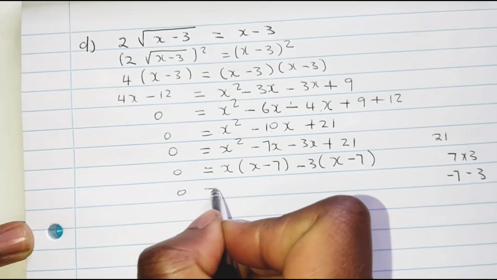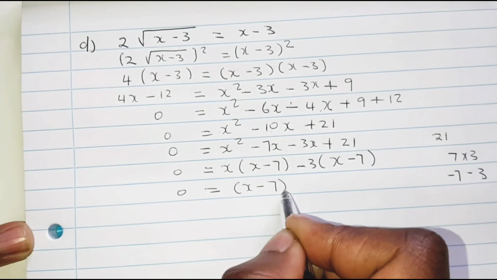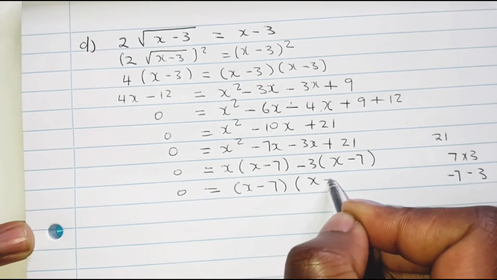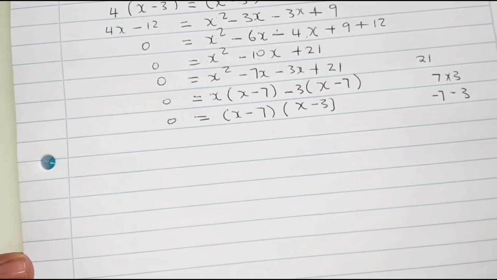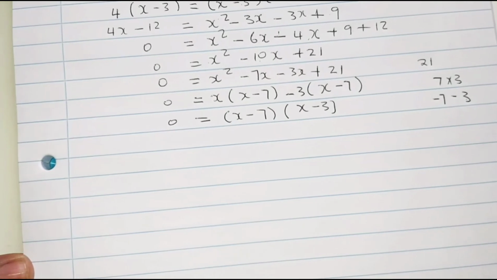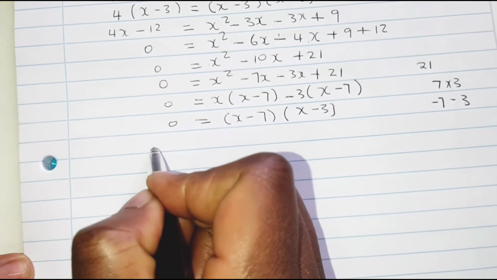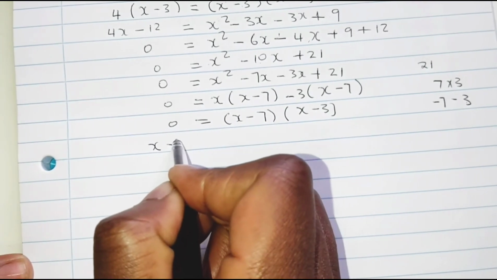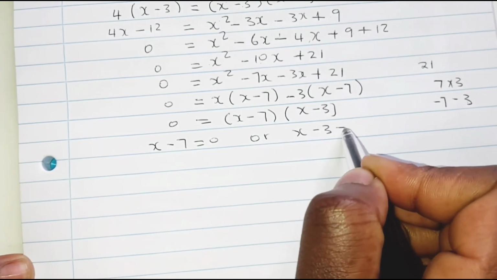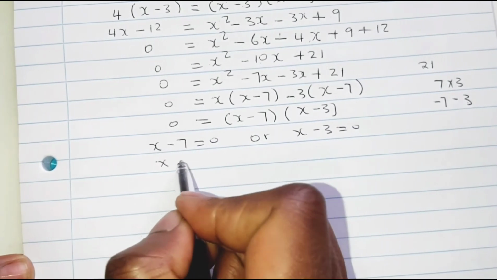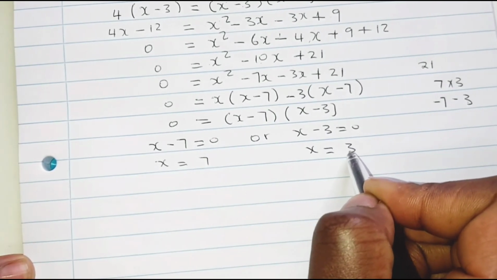So 0 is equal to x minus 7 times x minus 3, right? So now we're going to say x minus 7 is equal to 0, or x minus 3 is equal to 0. So x is equal to 7 or x is equal to 3, right?